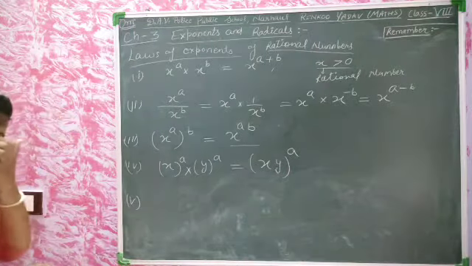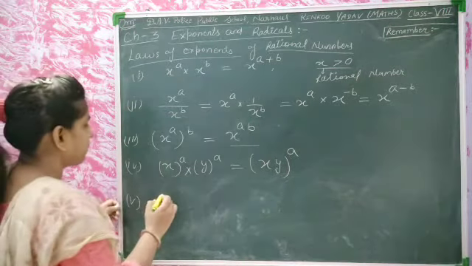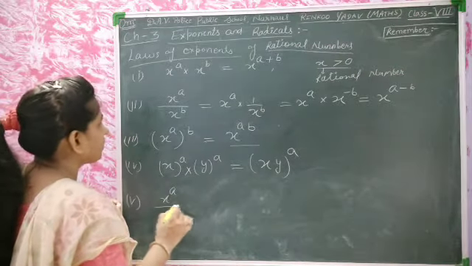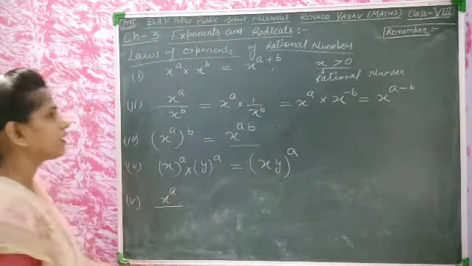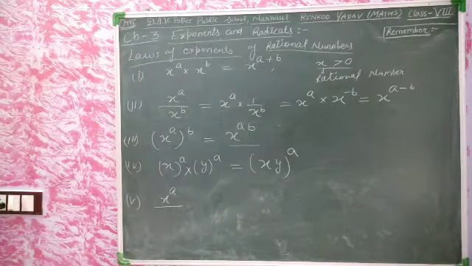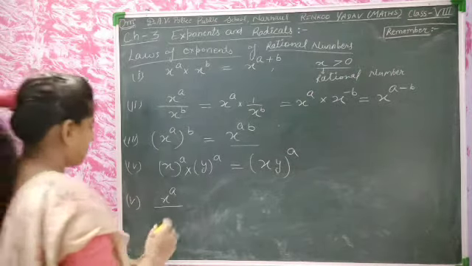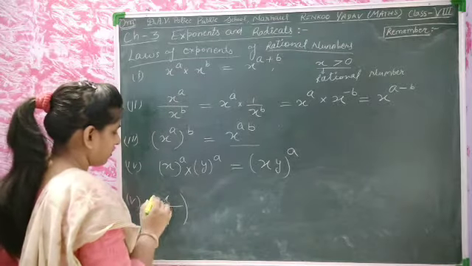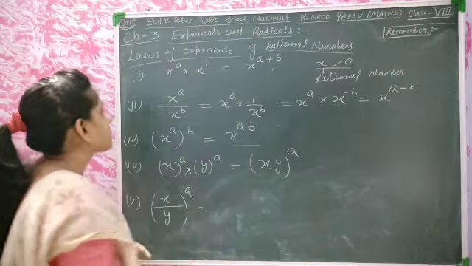That is x to the power a divided, it has been done here. Now it's the last part, that is x divided by y to the power a.